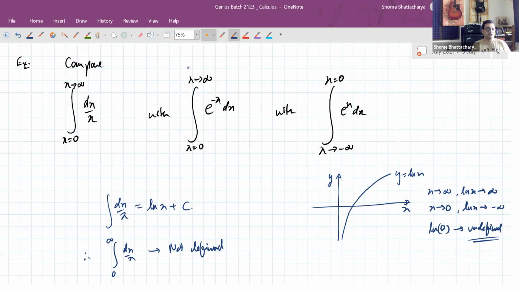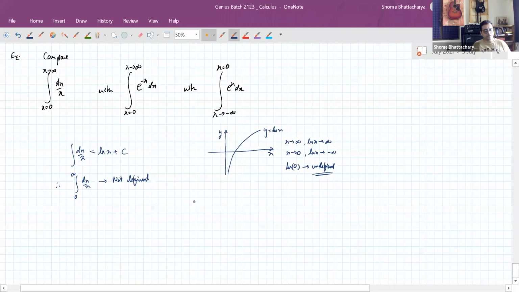So effectively what that shows you is that if you look at the graph of the function y is equal to 1 by x, it's a rectangular hyperbola, what we call in maths. So this kind of area cannot be defined only. It's an undefined area.